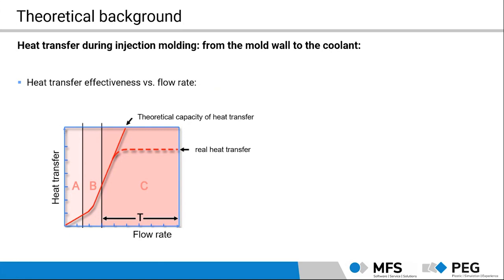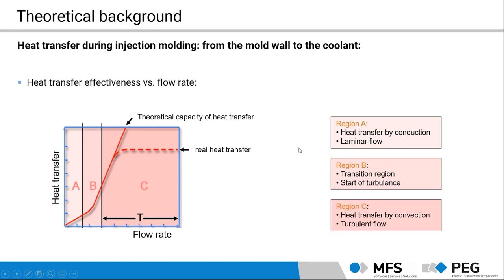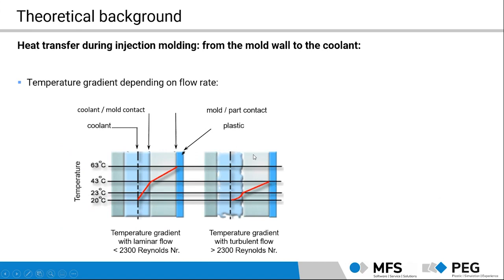But we will also see that in reality it is limited. We have an upper limit, and that means we have different regions, different areas, and we will see how they are affected in detail and what that means for our process setup. Even the temperature gradient, which depends mainly on the flow rate of our water, will be discussed.